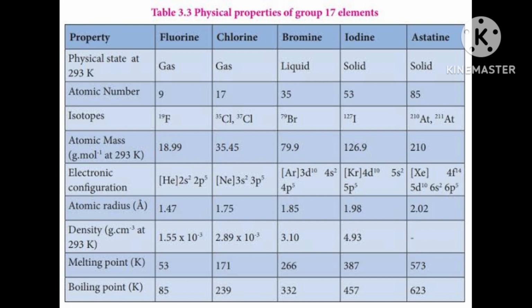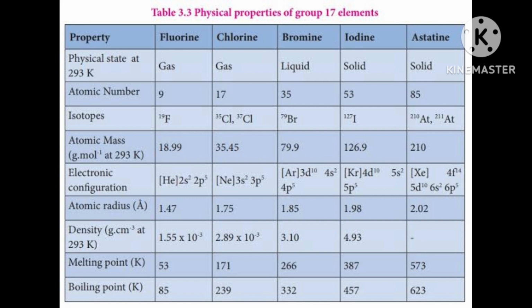The fluorine F-F bond has low bond dissociation enthalpy. And the next reason is non-availability of d orbitals in the valence shell. These are the reasons why it shows anomalous behavior.